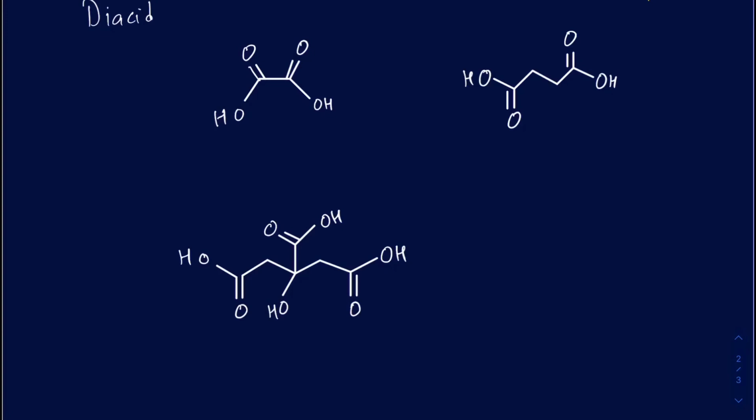So let's take a few examples here. If I have this first one, I got two carbons, and both of those carbons contain the carboxylic acid group, and I can easily call this ethane. And then the carboxylic acid groups are obviously on the first and the second position. You don't really have to specify those. And after the ethane, you can call those dioic acids because there's two of those.